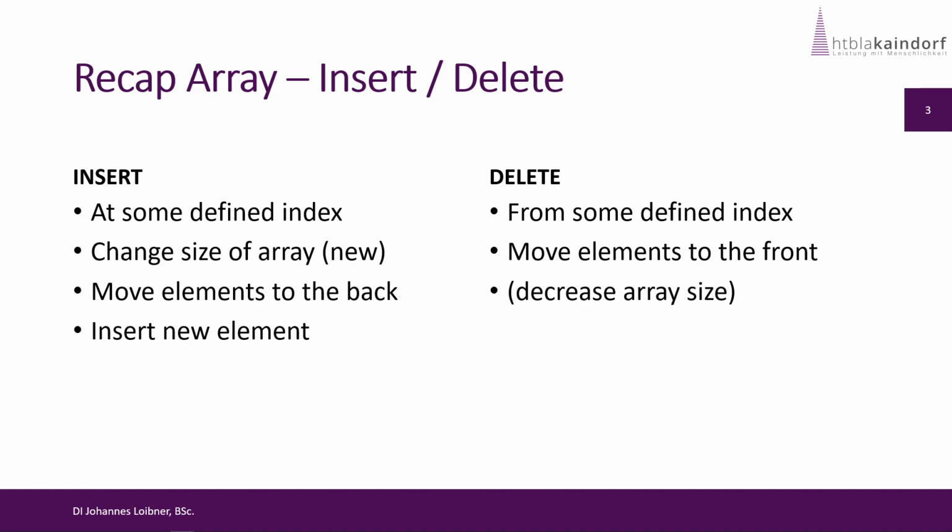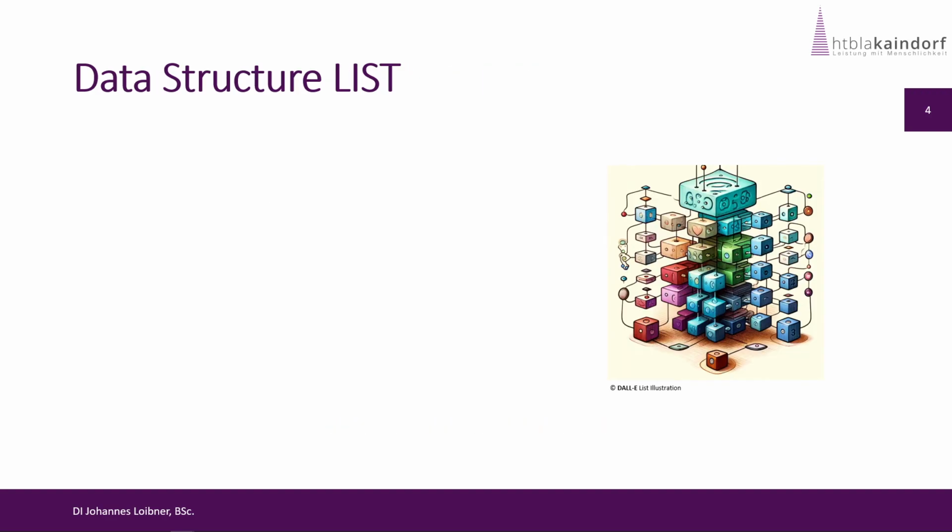So usually one element smaller than the old one, and copy everything there. What does this do? It creates a lot of array element movements, and this is usually something we want to avoid here. And that's a very big difference when it comes to the data structure of a list.